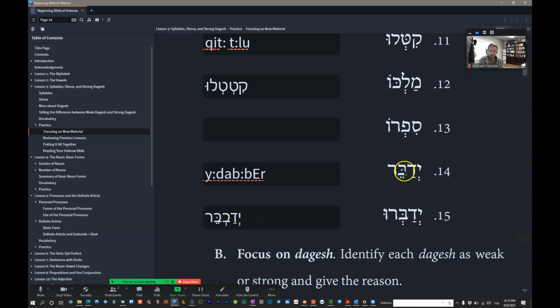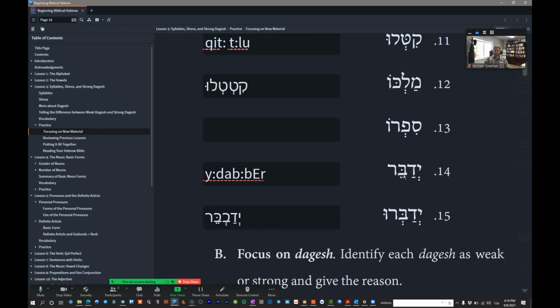Okay, that's what the dagesh represents. It is telling you that there is a doubled consonant, and because it's a doubled consonant, the first in the doublet is going to have a silent schwa because it's ending the previous syllable. The second one, if it's a begad kefat letter, will have a weak dagesh in it.